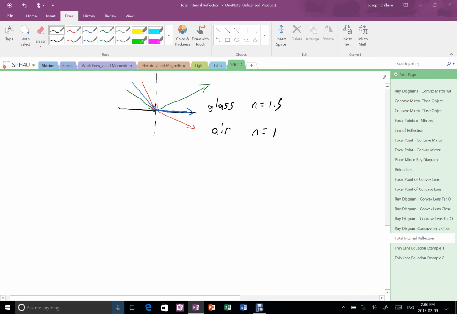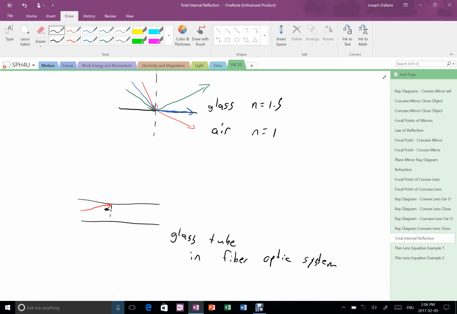Probably the most important use of this is in fiber optics. If we imagine a laser beam that's bouncing through the center of a glass tube in a fiber optic system, the angle of refraction here tends to be very large as this laser light bounces around.